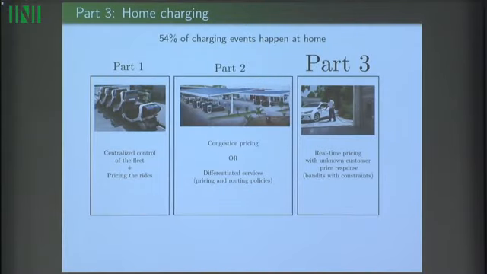Part 3 is a little bit different. It emerged because we were asked to be part of a trial to perform pricing, to perform load management on customers, but we weren't allowed to perform any sort of centralized or distributed optimization to manage their demand, which is the general theme if you want to perform load management in distribution systems.